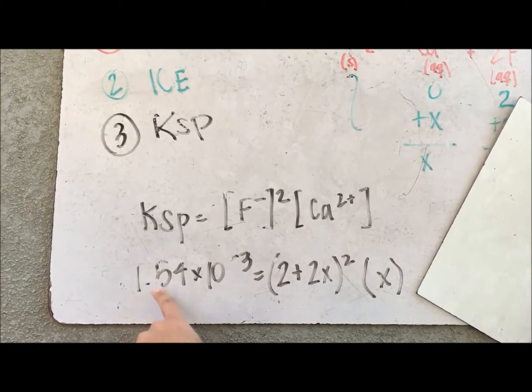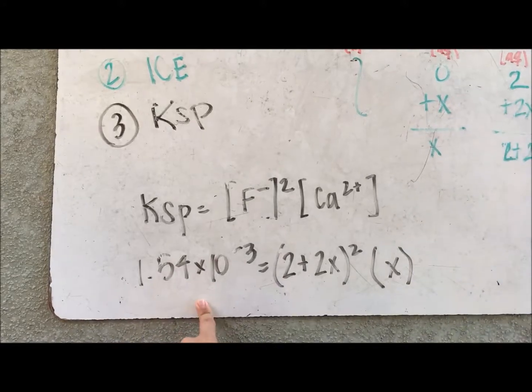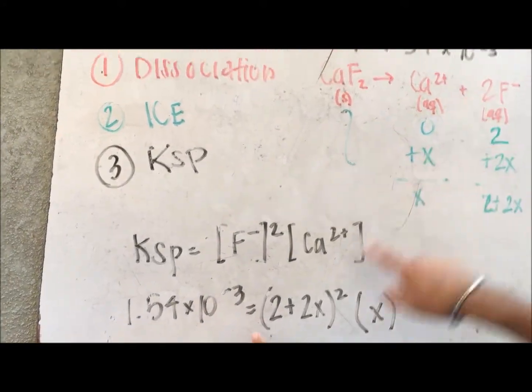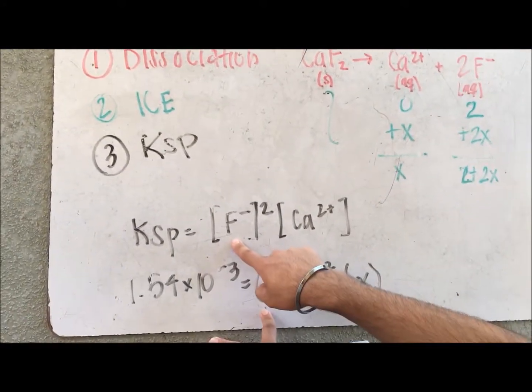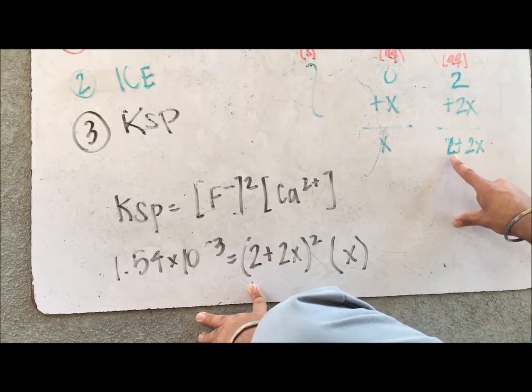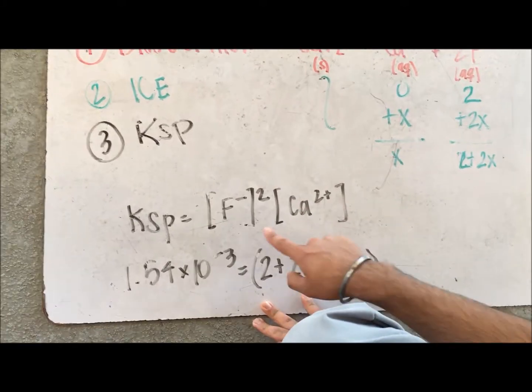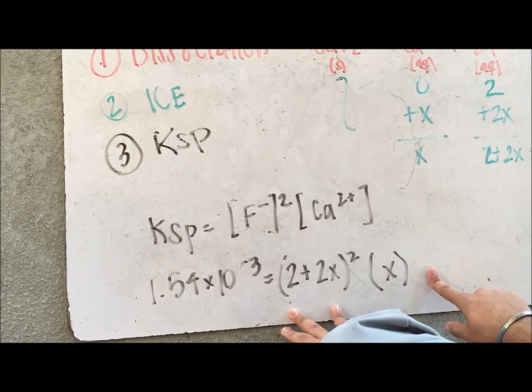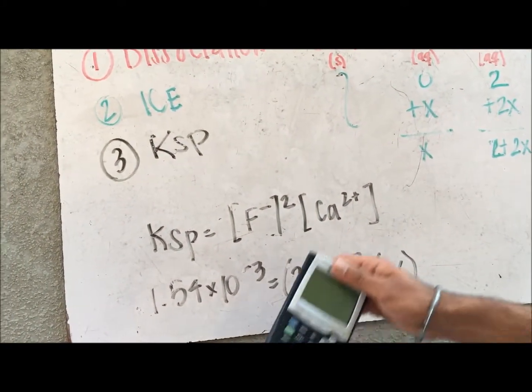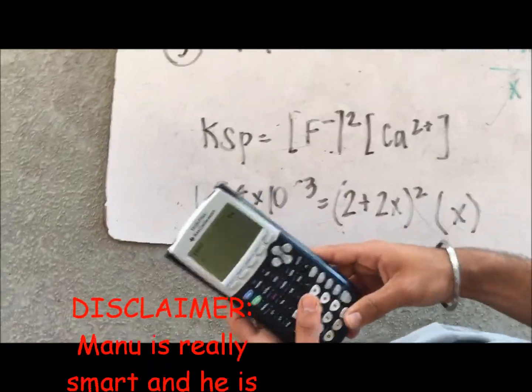It's given that the KSP is 1.54 times 10 to the minus 3, that's given up here, equals, we figured out the concentration of F, meaning fluorine, is 2 plus 2x to the power of 2, I'm just substituting, times x. So when you figure this out, solve for x using a graphing calculator, which is the best thing I can do.